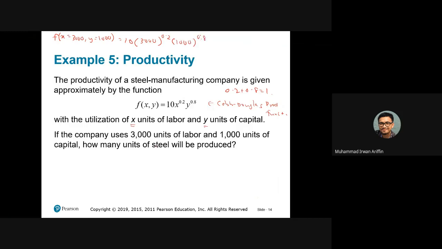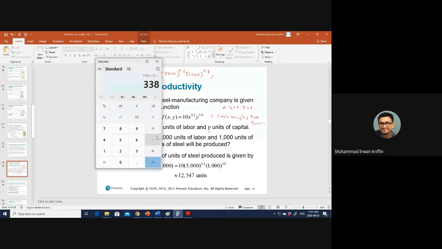Okay, so how do we do this? Simply make use of your calculator. Where is my calculator? Calculator is here.